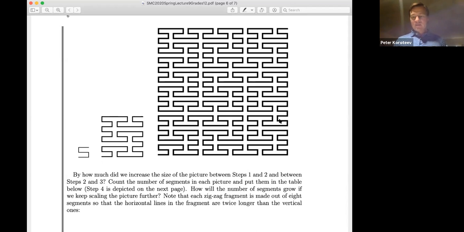Okay, that's right. So these are the lengths, and now let's count the number of segments. And then we need to find patterns in these groups. The number of segments goes as 8.